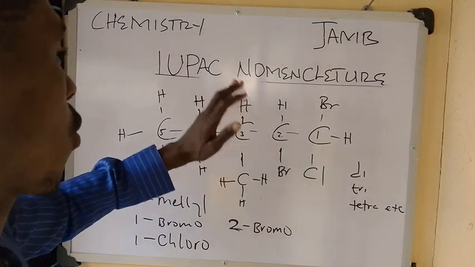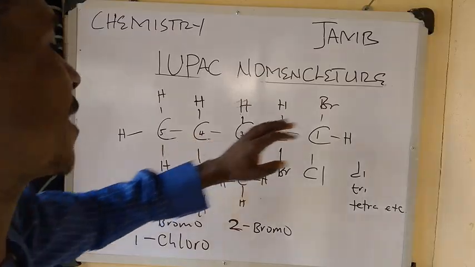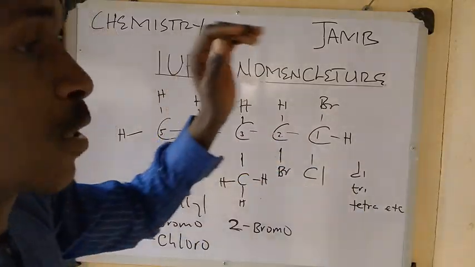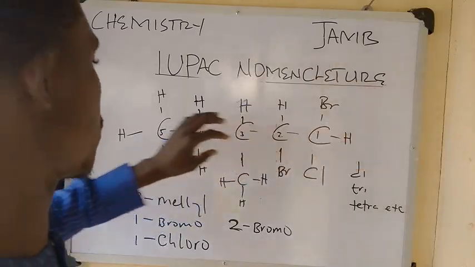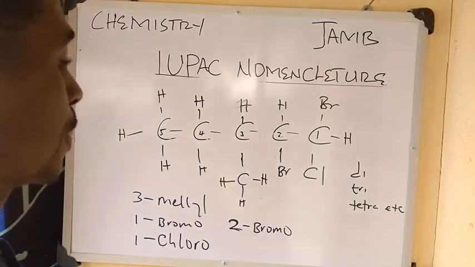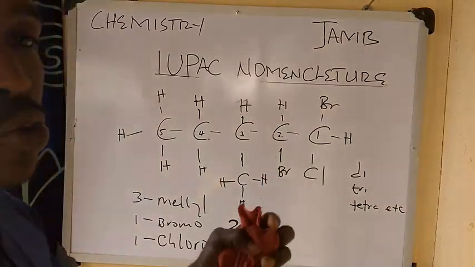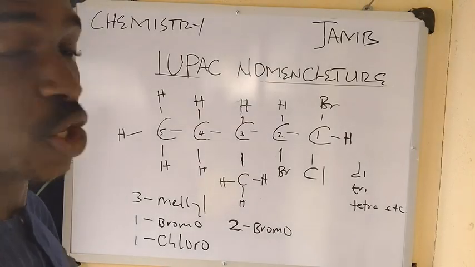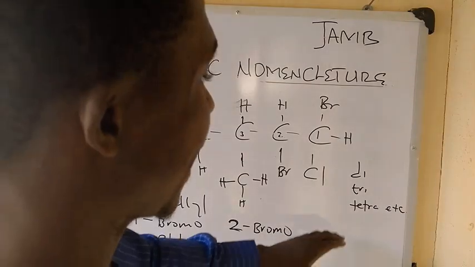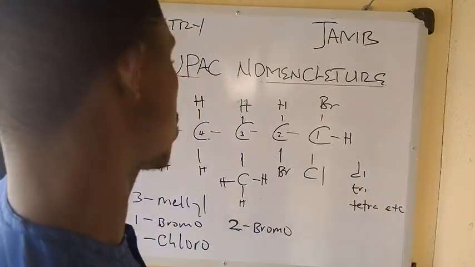Rule 1 says choose the longest chain, number the longest continuous carbon chain. Rule 3 says number in such a way that the substituent should have the lowest number. Now, rule 4 or 5 is saying that if I have 2 or more similar substituents in a structure, I should name them as di, tri, or tetra.